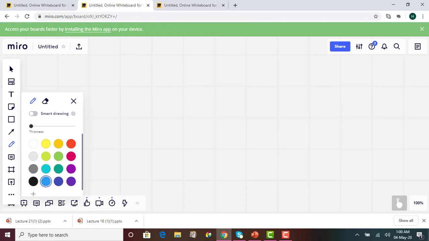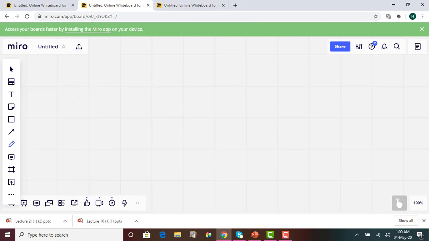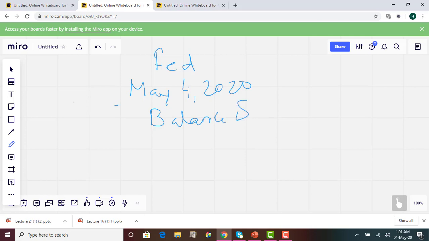Okay, so let's say this is the Fed. Again, we write the name on top, Fed, or we write the Federal Reserve Bank, and then we put the date. Let's say today's date is May 4th, 2020, and as of today, the balance sheet is given below.